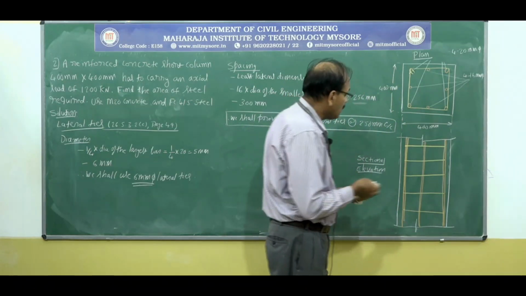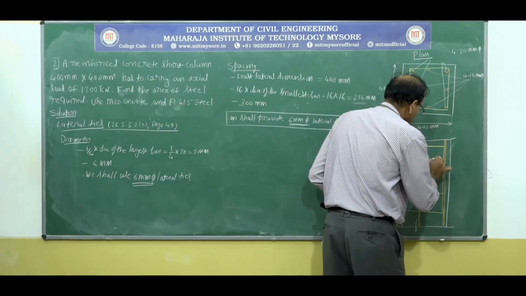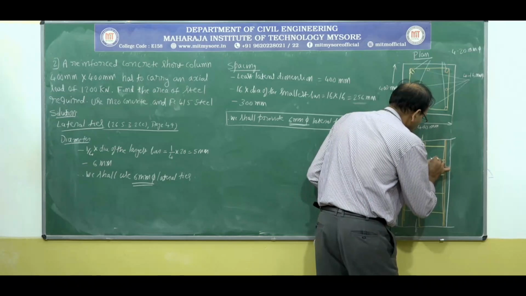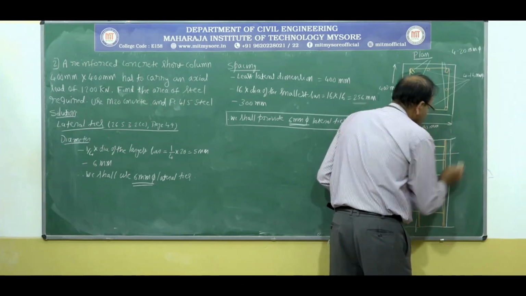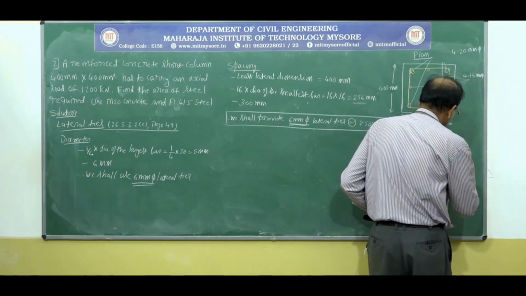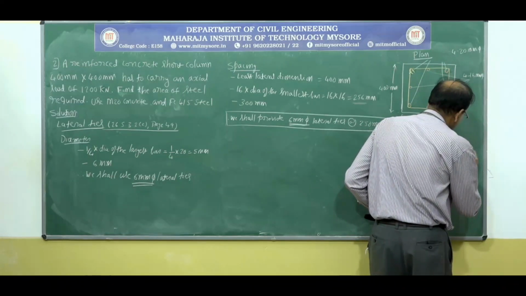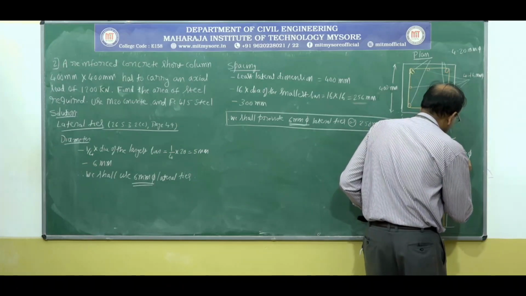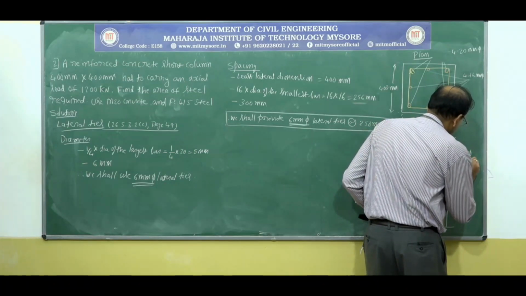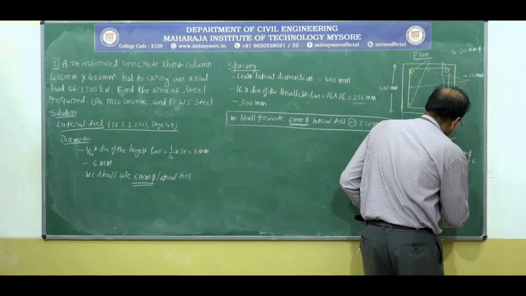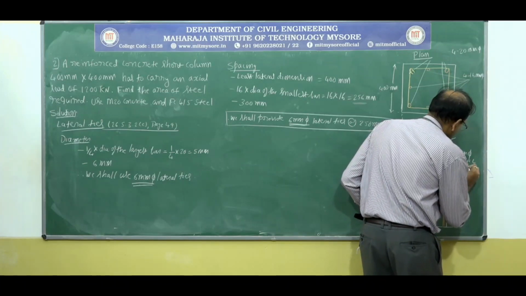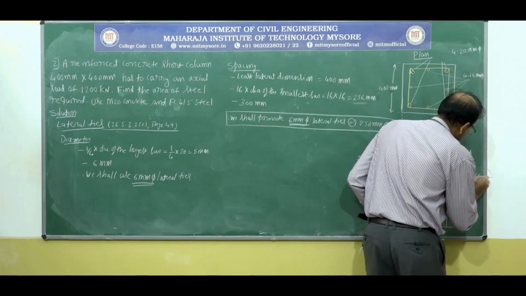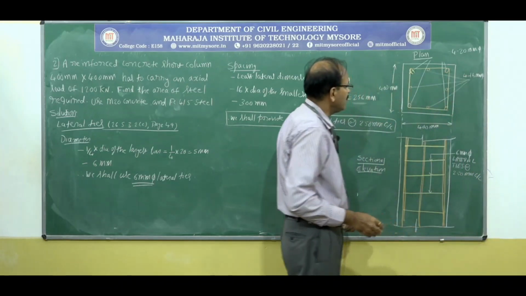So these are 6 mm dia lateral ties at 250 millimeter center to center.